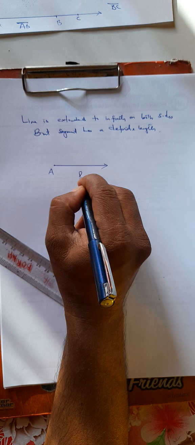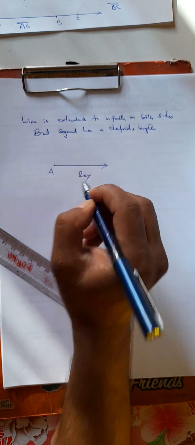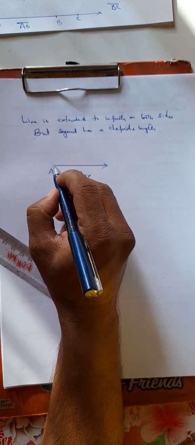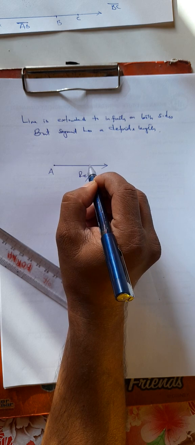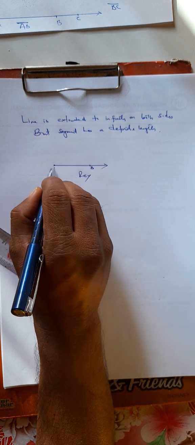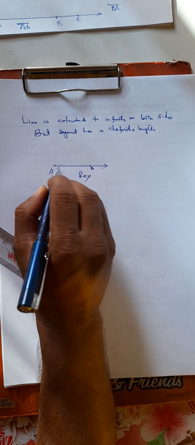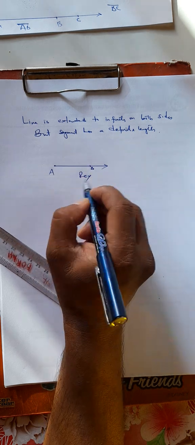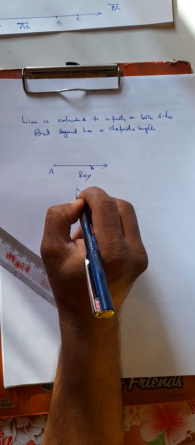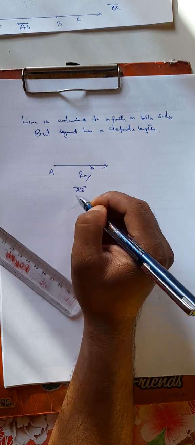This is called a ray. So a ray is starting with A. Suppose you imagine another point, B. Now the line segment AB is extended to infinity towards the right side. We write it as ray AB.